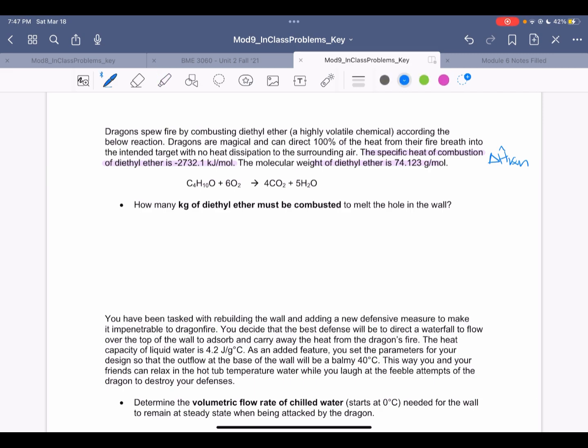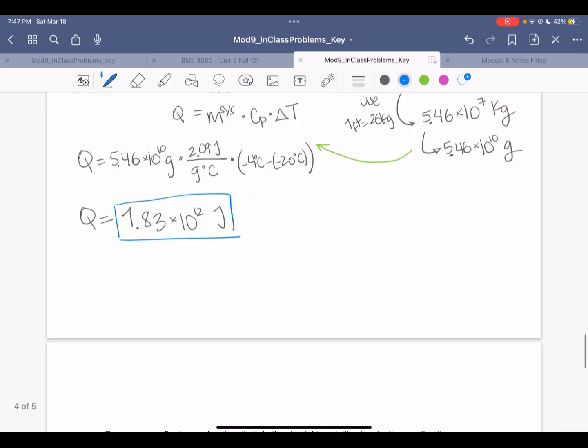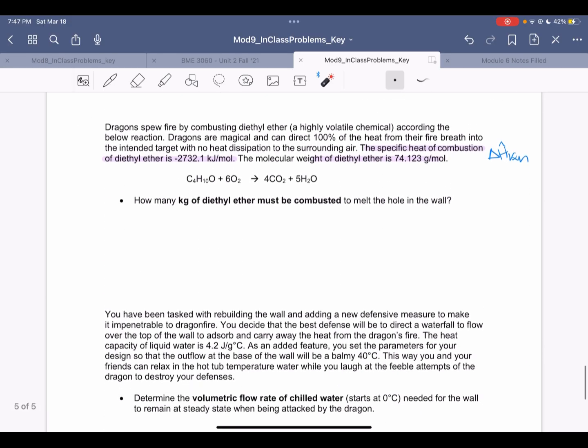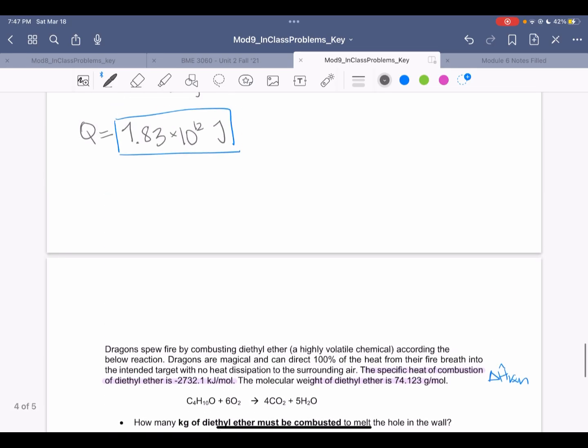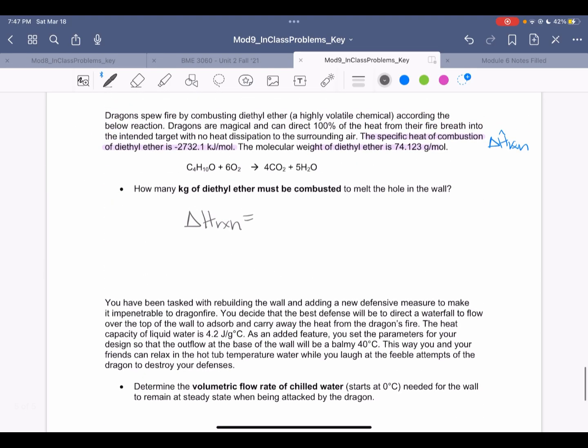Okay, now how many kilograms of diethyl ether must be combusted to melt a hole in the wall? Okay, so what this is saying is that this heat in my system, in my original system, which was the wall, was all generated by this reaction. So the delta H generated in this reaction is equal to 1.83 times 10 to the 12th joules.